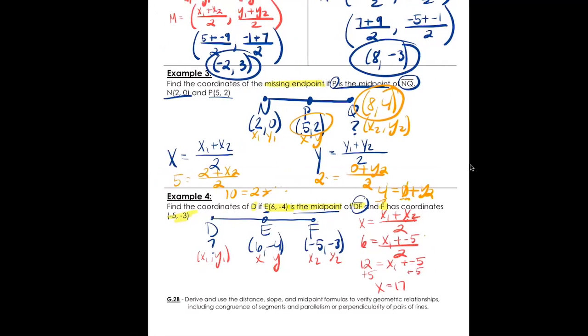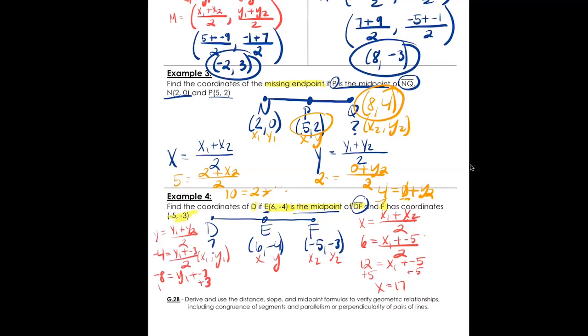Now to find the Y coordinate, Y equals Y1 plus Y2 over 2. -4 equals Y1 plus Y2 is -3 over 2. Multiply both sides by 2, we get -8 equals Y1 plus -3.